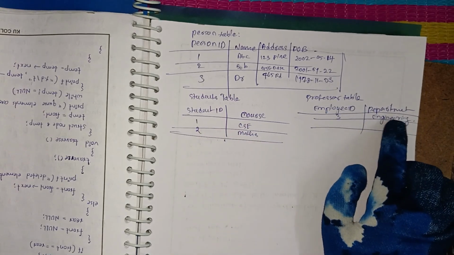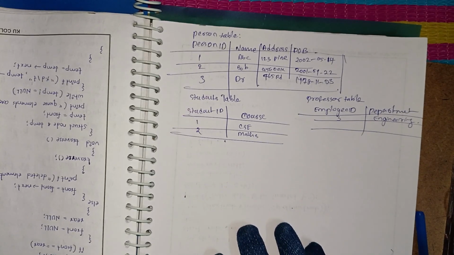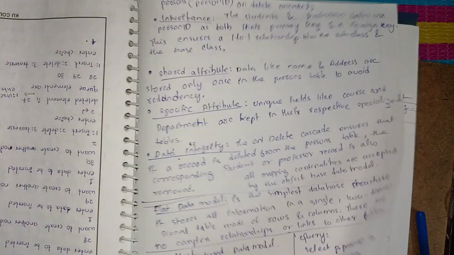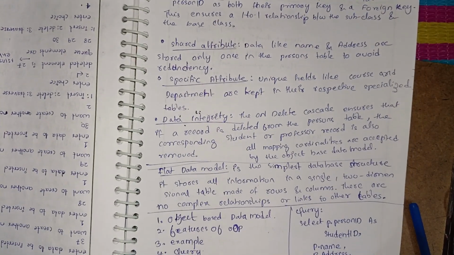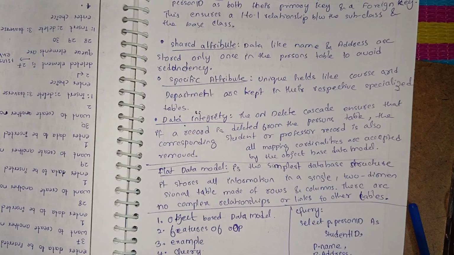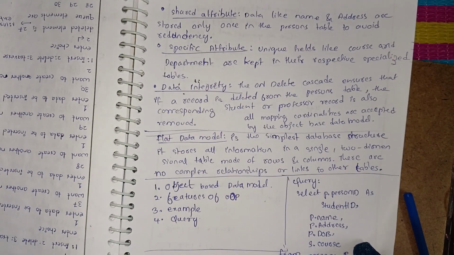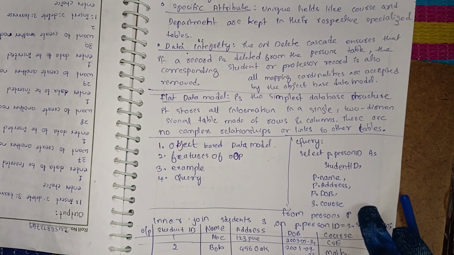Professor table: employee ID and department, only one row, 3 engineering. So here we are joining two tables.